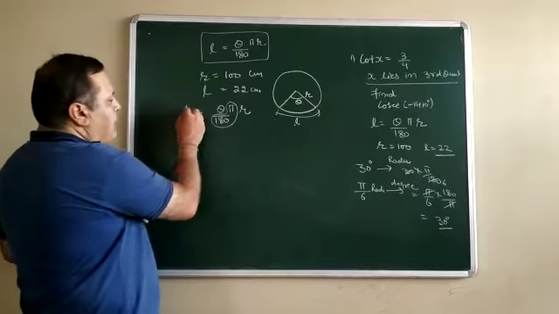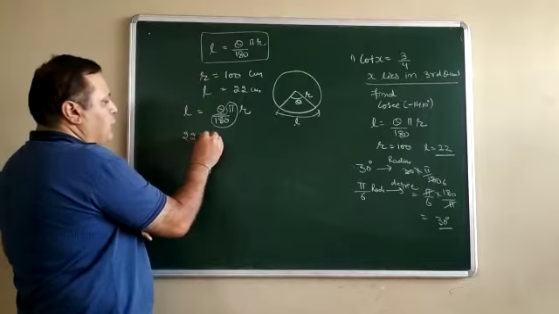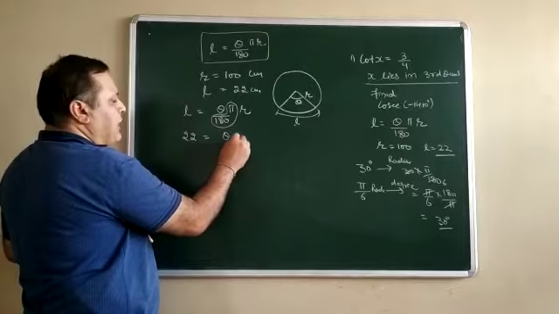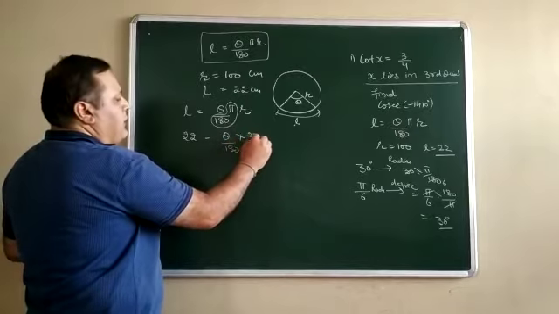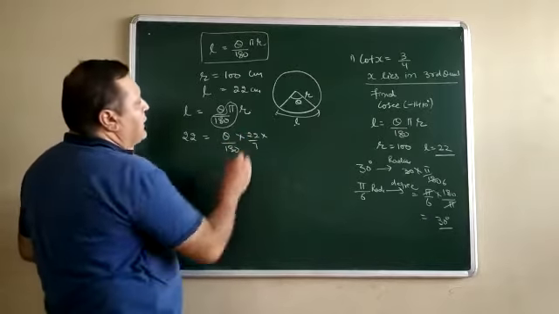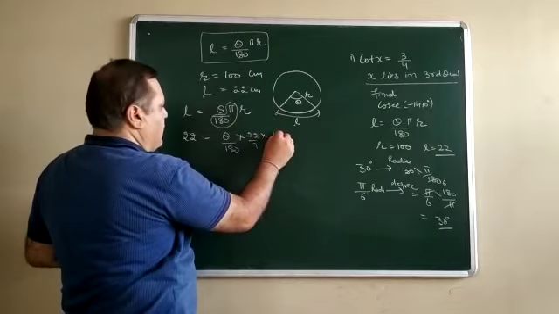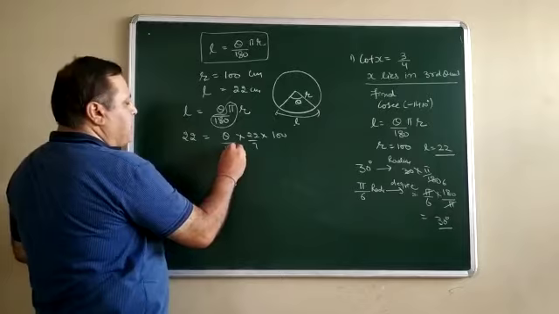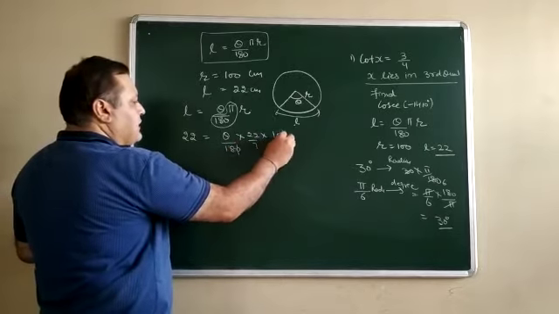Now see this one, length of arc is equal to 22, theta is unknown for us, upon 180 into 22 by 7 into radius, that is equal to 100. Now go for cross multiplication, it is 180, this 0 gets cancelled.